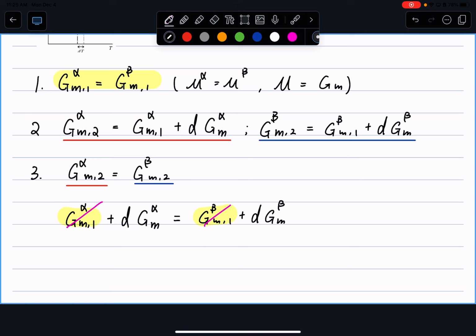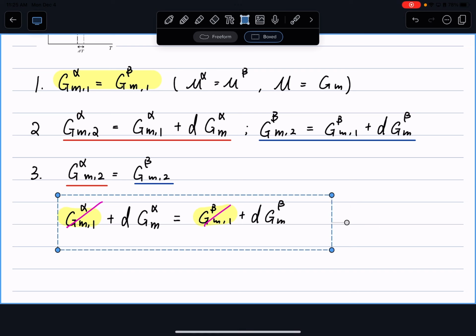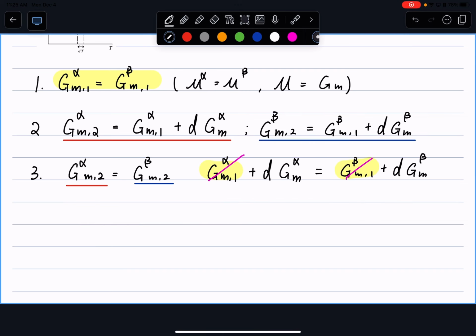The expression we end up getting, let me just move it there to have enough room, is that the infinitesimal change of the molar Gibbs free energy of phase alpha equals the infinitesimal change of the molar Gibbs free energy in phase beta.